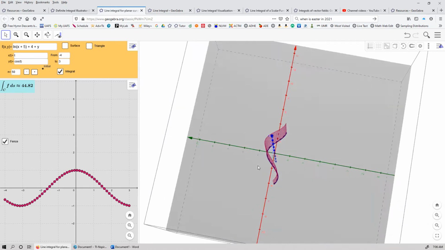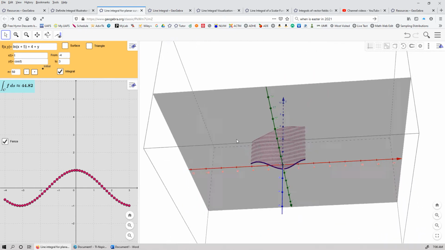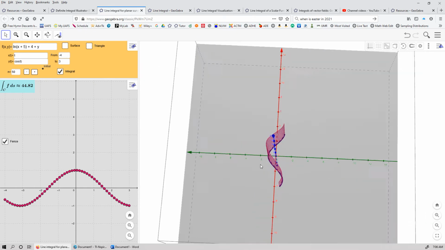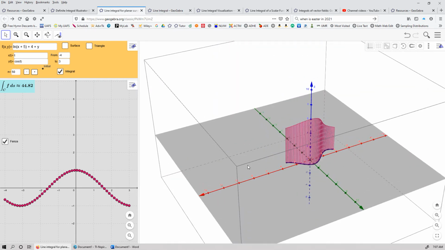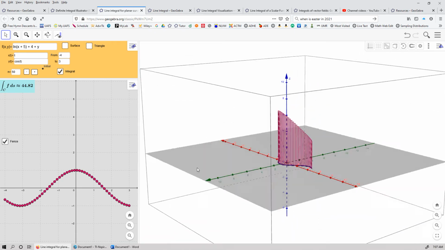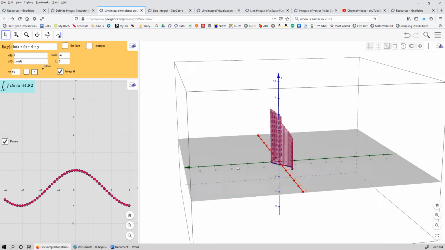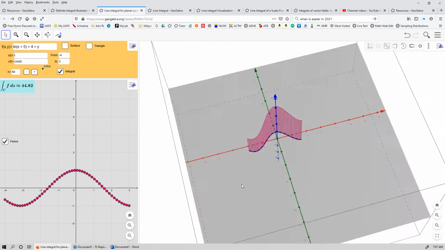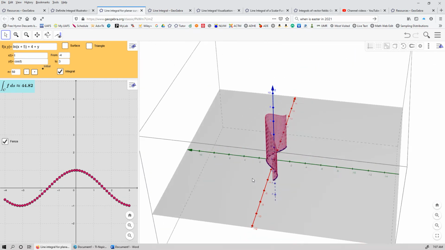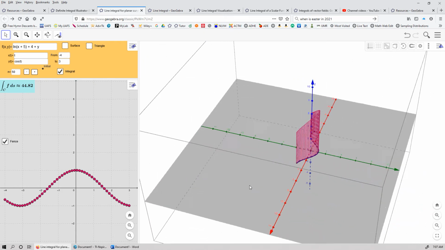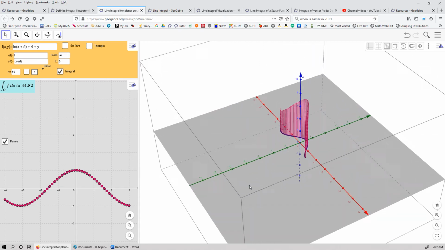There you can kind of see a little bit what that looks like from a variety of different viewpoints. That's a pretty good view there. So you can kind of see what it looks like.